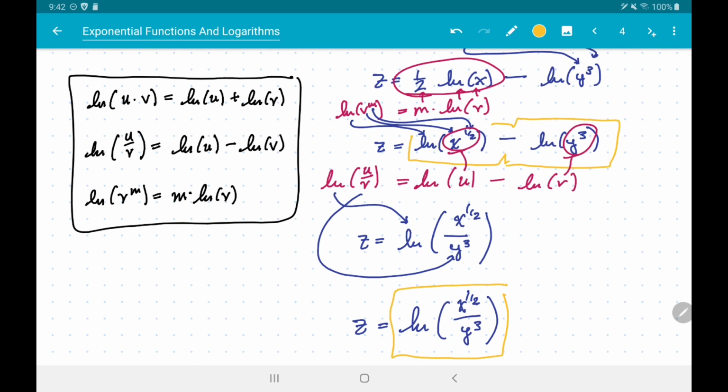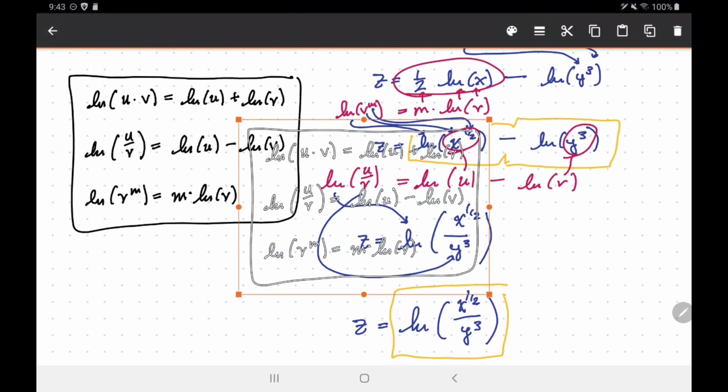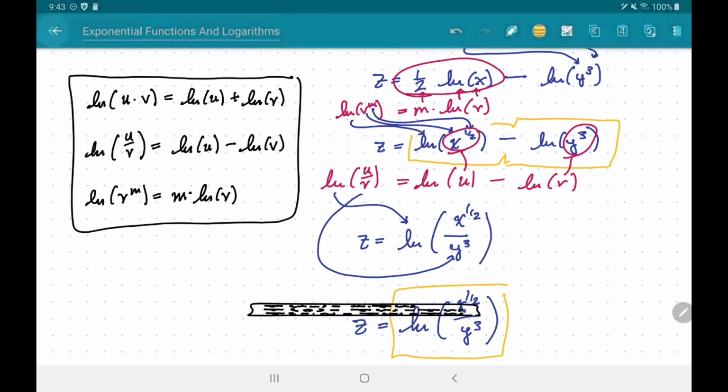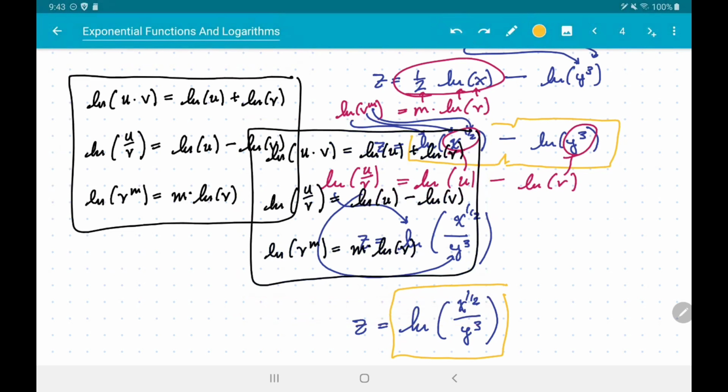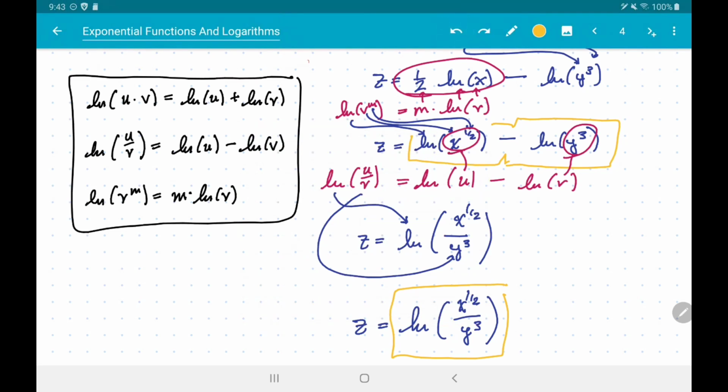Okay, so now that we've done that one, let me copy the list of formulas. Let's try this again.